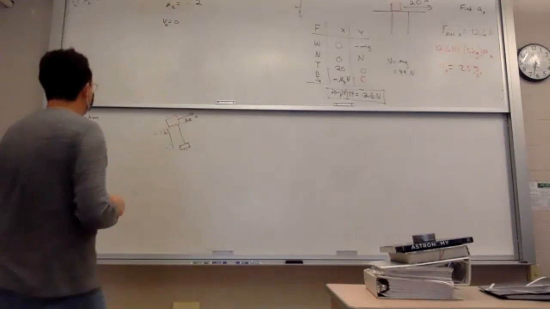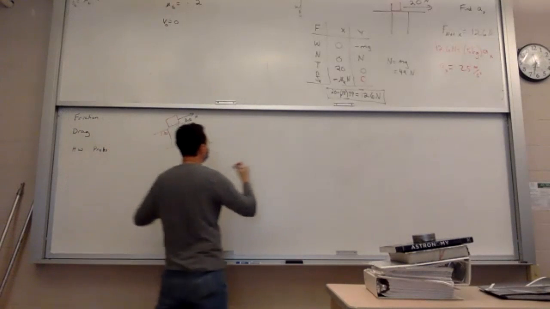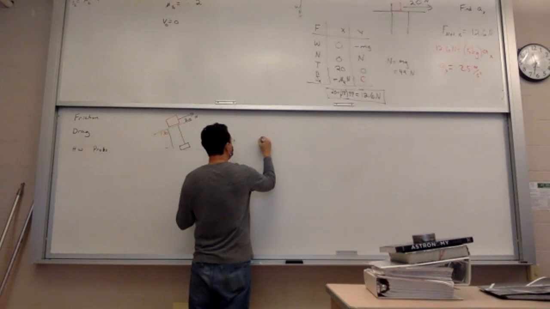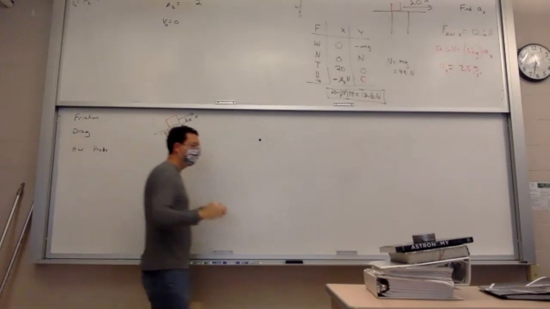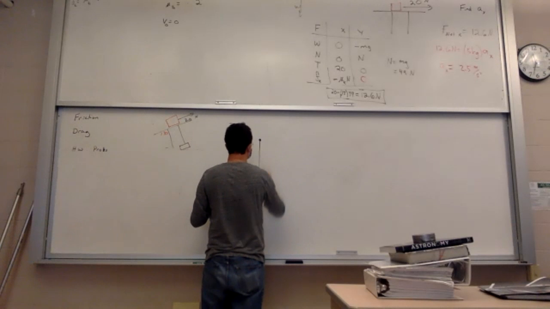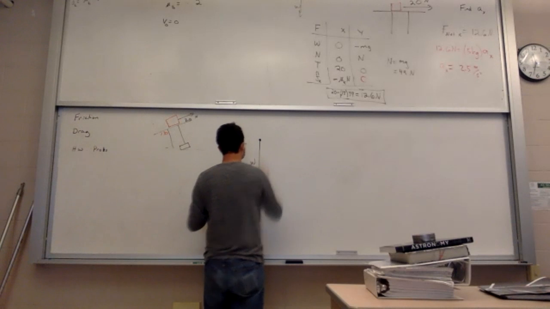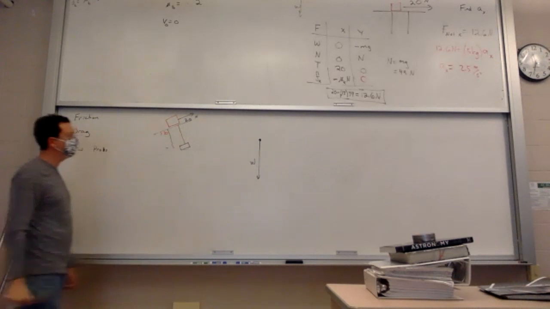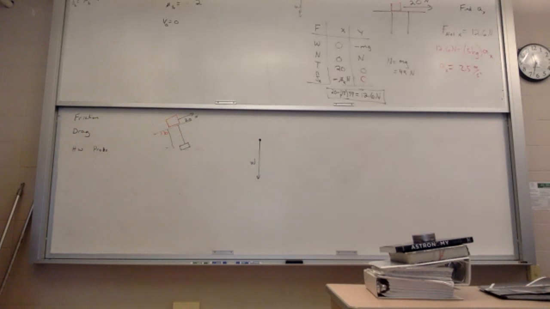Okay, so the free body diagram is kind of similar. There are some changes. Gravity, weight, always goes straight towards the surface of the Earth. Actually, it goes to the center of the Earth. Which way does the tension force point now?